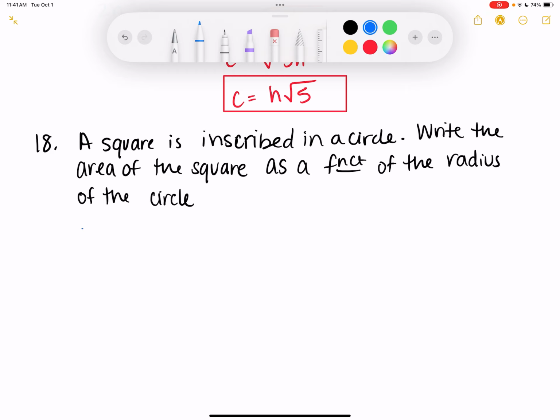All right, so I have a circle, and there is a square inscribed in it. The radius would be here. It would also be here. It would go all the way around, but I'm not going to write it multiple times.